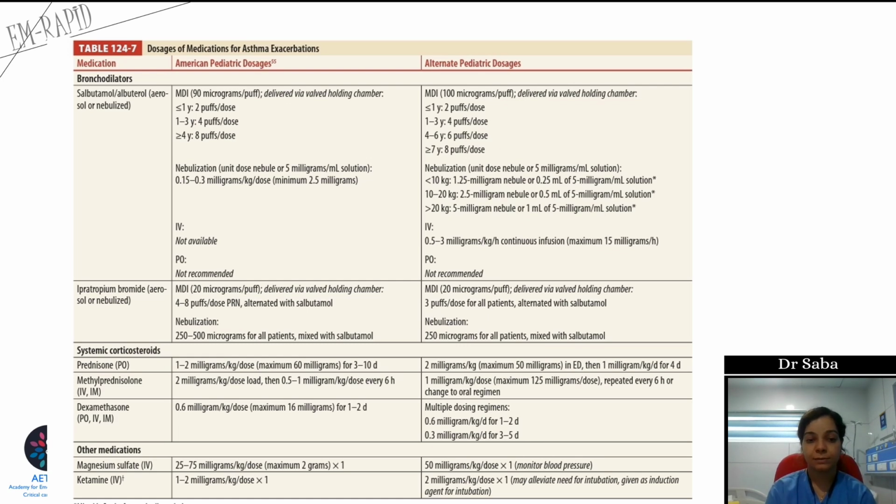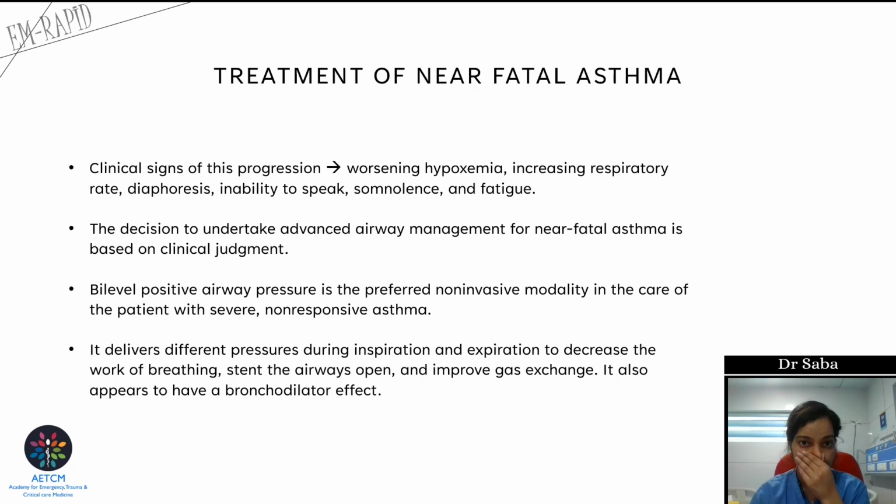Magnesium sulfate dosage is 25 to 75 milligram per kg per dose. Salbutamol, depending upon the child's age, the dosages vary, but it is generally 2 to 4 puffs. So these are the dosages of asthma exacerbation drugs that are used.